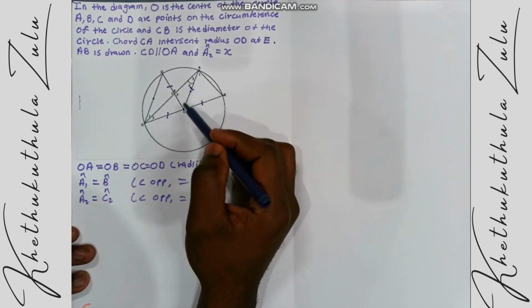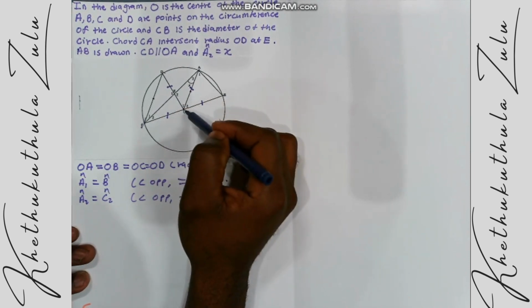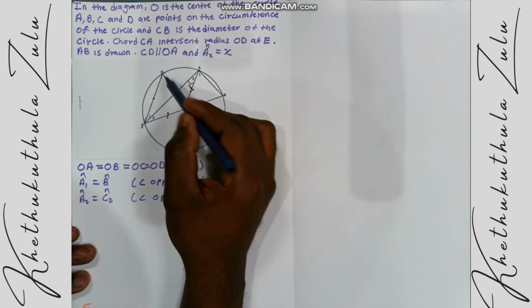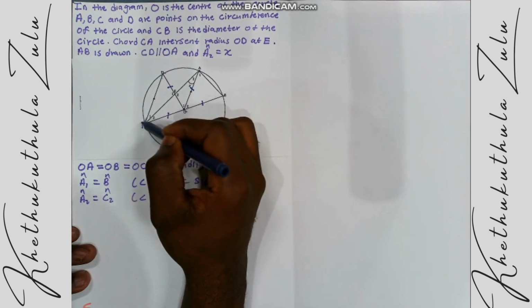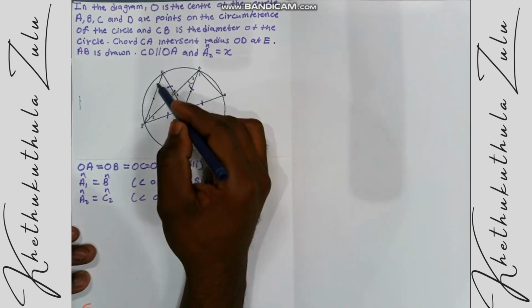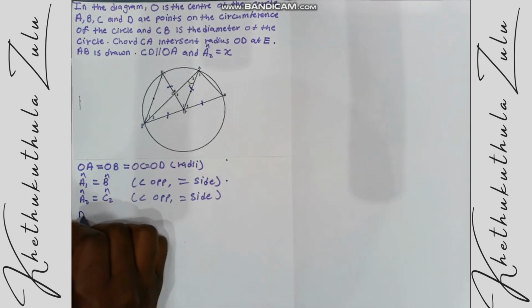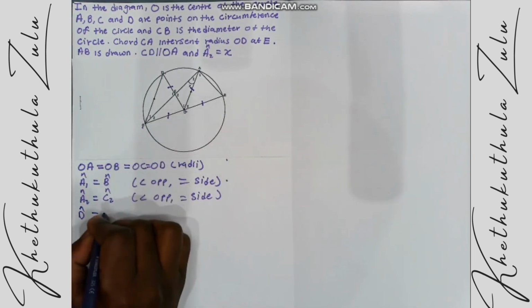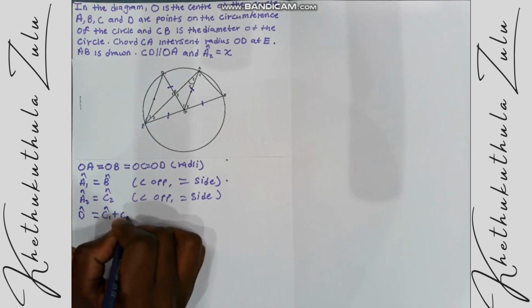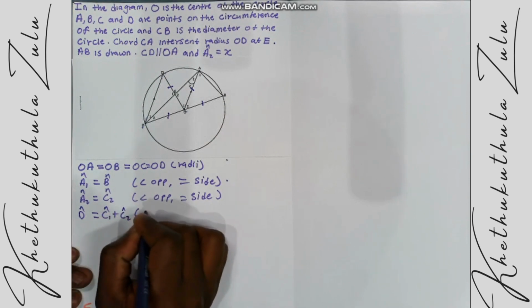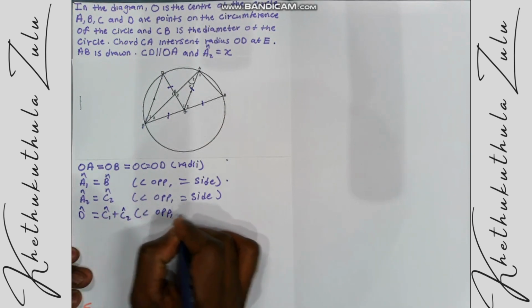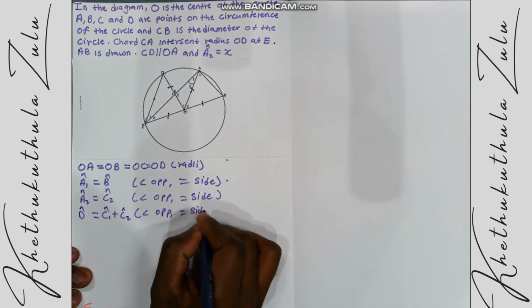And then also in this triangle here, OD and OC are my radii, so they are equal, meaning this angle here, which is D, is equal to the whole C, which is C1 plus C2: angles opposite equal sides.